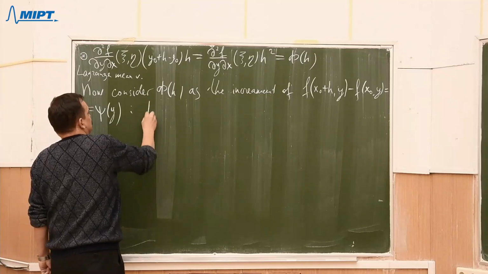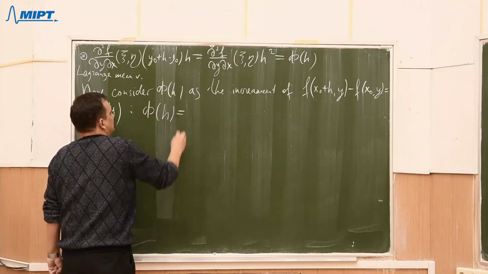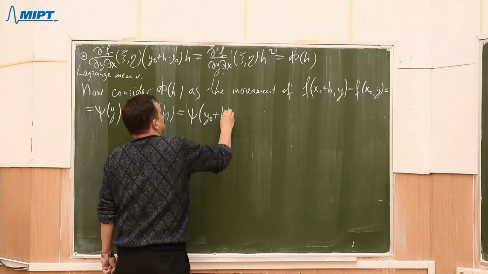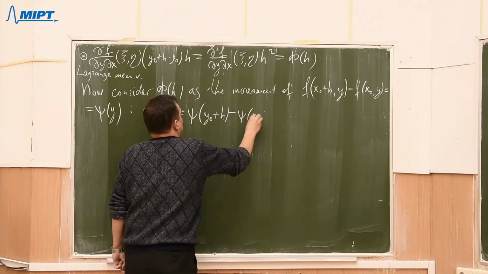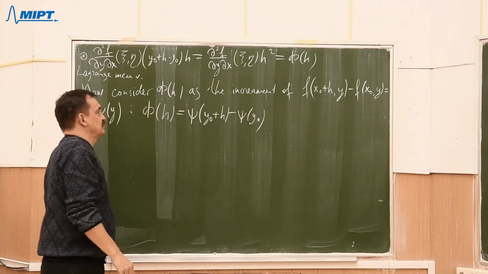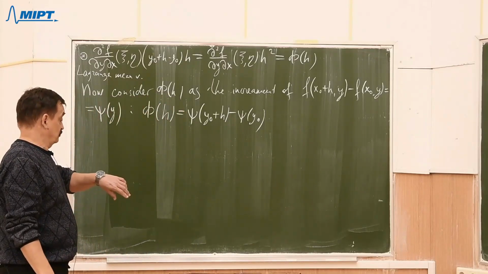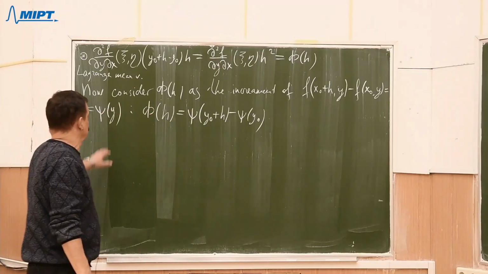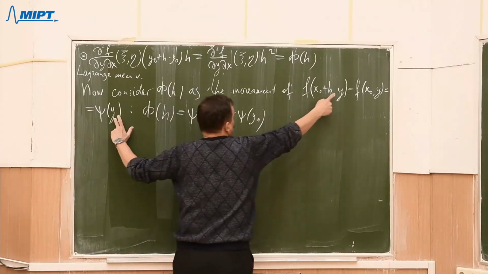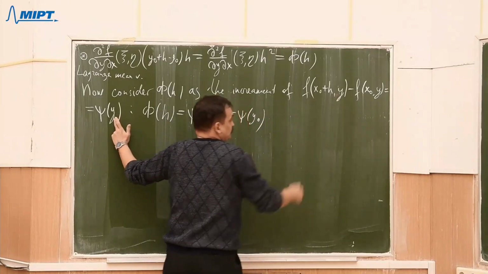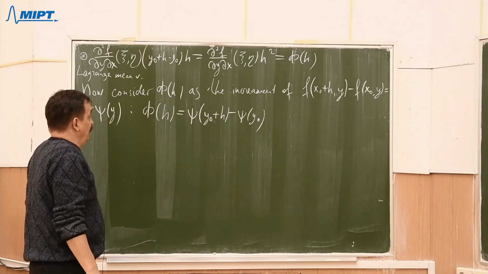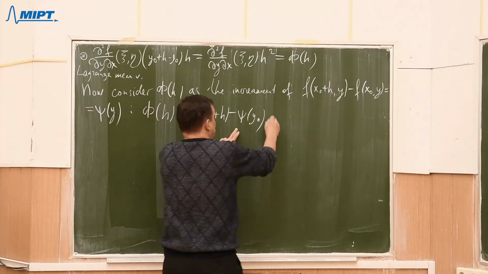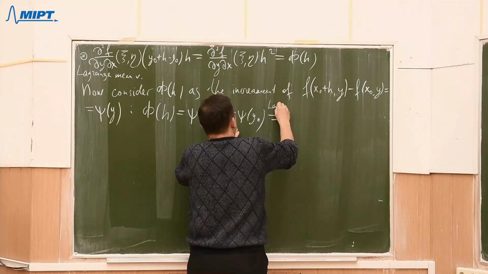So it means I represent phi of h as psi at y naught plus h minus psi at y naught. I will not do it in detail. We once again substitute firstly, instead of y, we substitute y naught plus h, and then y naught. And after that, once again apply the Lagrange mean value theorem.